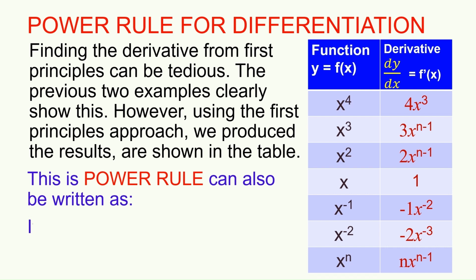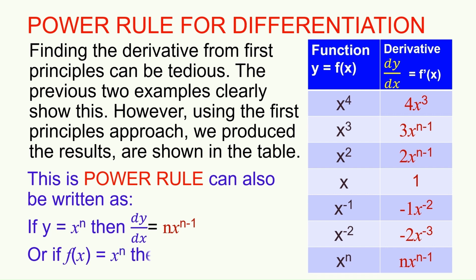This power rule can also be written as: if y equals x to the power of n, then dy dx equals n times x to the power of n minus 1. Or if f(x) equals x to the power of n, then f dash x equals n times x to the power of n minus 1.